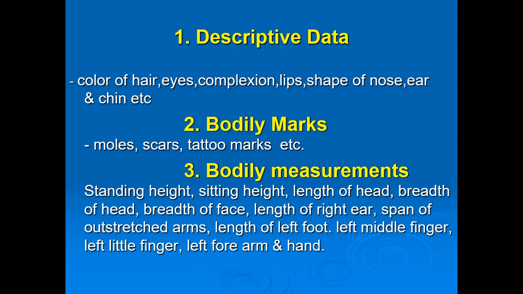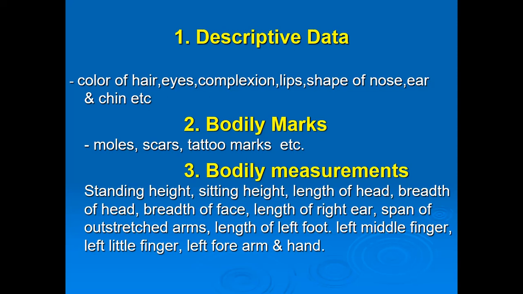Number 2, body marks. On the body we can find several marks like moles, scar marks, tattoo marks, etc. As you know, if there is a prominent mole at a prominent place on the body, like on the face, then it is entered as a mark of identity in the NIC, National Identity Card.